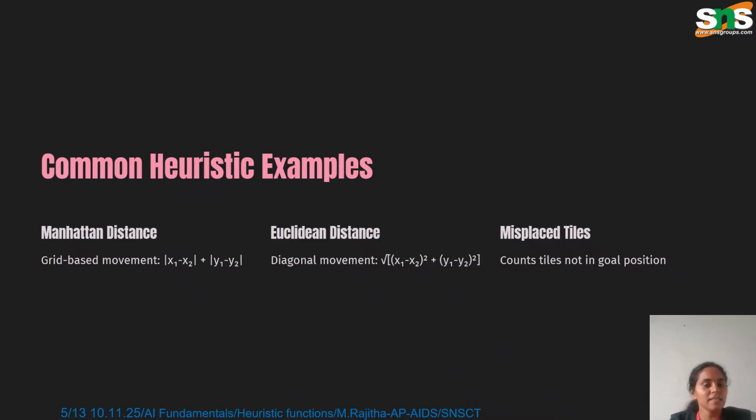Misplaced tiles is often used in puzzle problems like the 8 puzzle, where it counts how many tiles are not in their correct position. These heuristics guide algorithms like A star and greedy search to move closer to the goal intelligently.